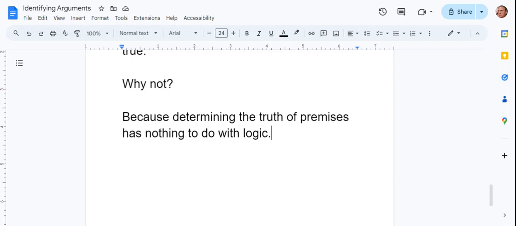Because determining the truth of premises has nothing to do with logic, which kind of teaches you something about what logic is. I know, for instance, that here and now in September 2024, Biden is president of the USA.